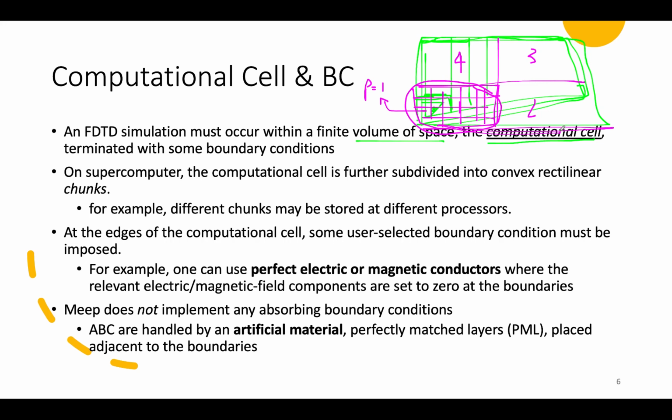What we need to do is to explicitly put an artificial material, a perfectly matched layer, within the boundary. So we will define a PML within the boundary to express open boundary conditions.